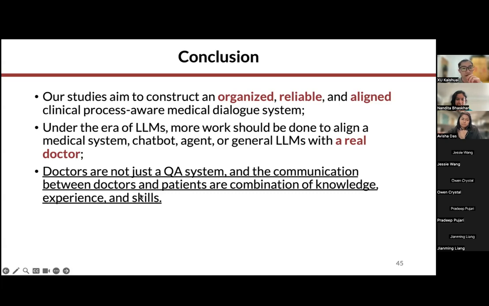The third one is, doctors are not just QA assistants. QA means question answering, and the communication between doctors and patients is a combination of knowledge, experience, and skills. Here I emphasize experience and skills. The skill is an indication of alignment, or of behaviors.